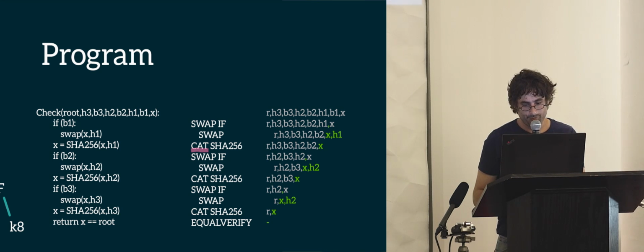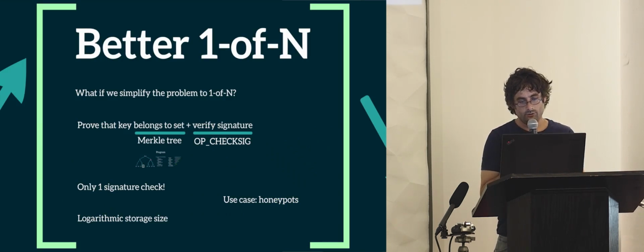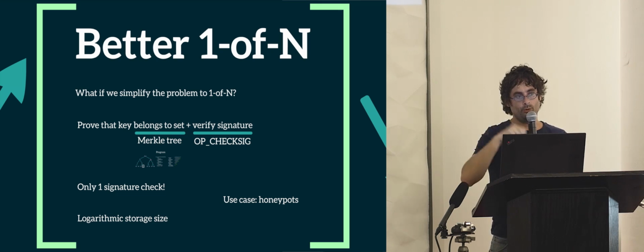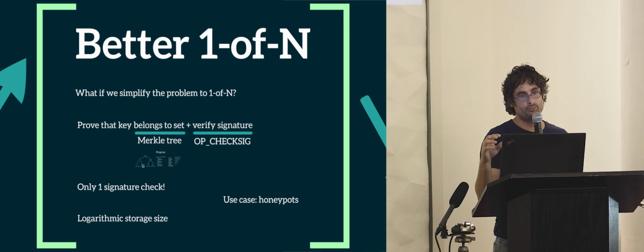So we can use this. What someone would do is publish a public key, publish this path along the Merkle tree to prove that it results in the root hash.